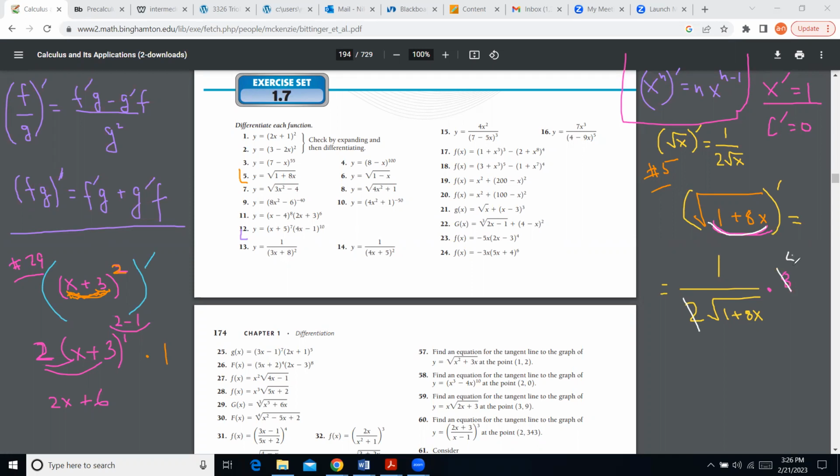So looks like here we can cancel a little bit and produce the answer. 4 is on the top, and the square root from this 1 plus 8x is on the bottom. So this is it. This is a so-called chain rule. That's very interesting, right? I guess that's probably the most popular property of finding those derivatives.